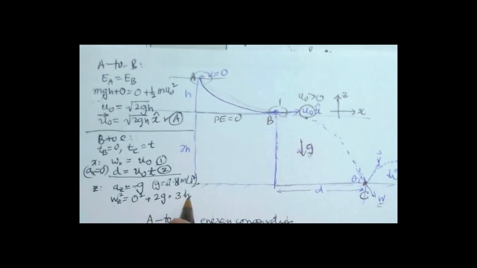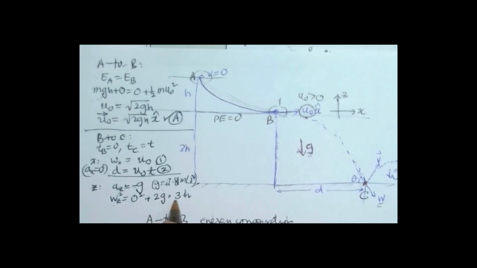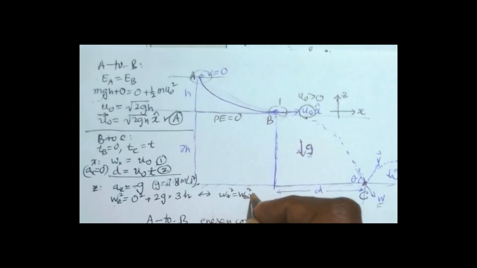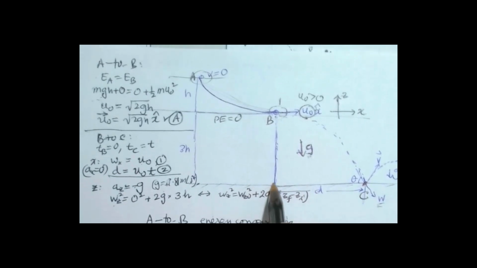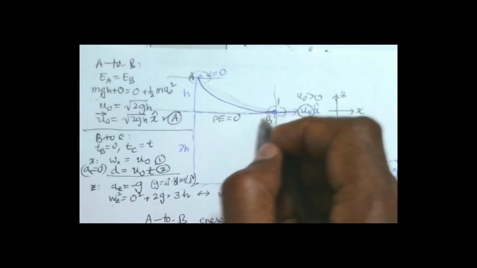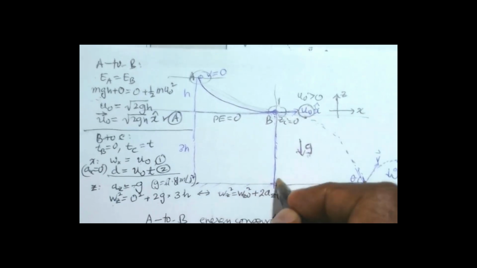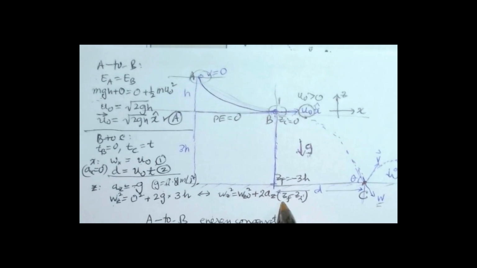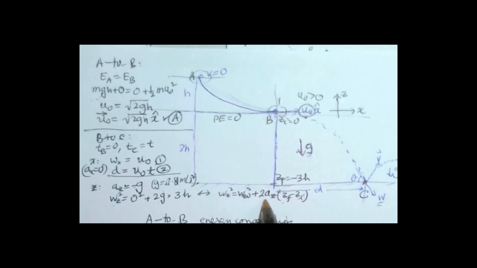This comes from the formula along z: wz squared equals wz0 squared plus 2 a_z times (z final minus z initial). If you put a coordinate system here, z initial is 0, z final equals minus 3h. That's why minus 3h, and minus times minus makes it a positive here.